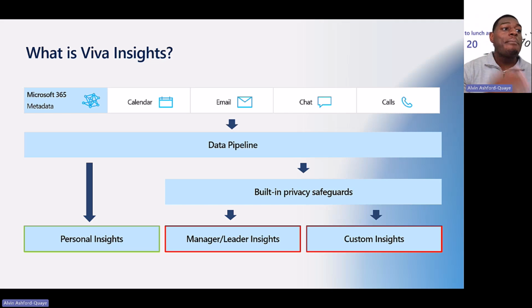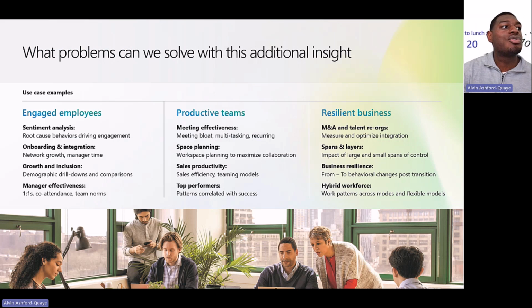But from a manager and leader perspective, or the ability to build custom reports through an analyst view, through built-in privacy safeguards, I want to be able to see collaboration data for specific groups in the organization at an aggregated level. If we can do that effectively, we can start to have a different level of understanding about behaviors and ways of working within the organization.